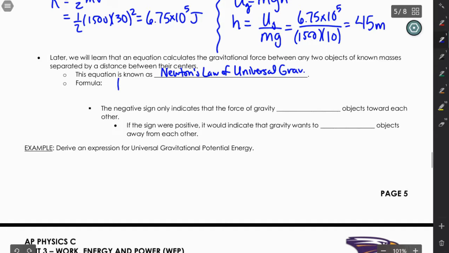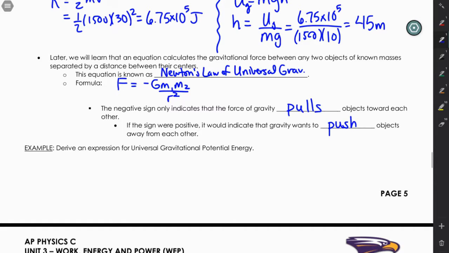The formula is F equals negative G M1 M2 over R squared. Last year you didn't put the negative sign, but just understand that this negative sign simply indicates that gravity pulls objects. If the sign were positive, it would indicate that gravity wants to push objects away. But we know that gravity pulls.